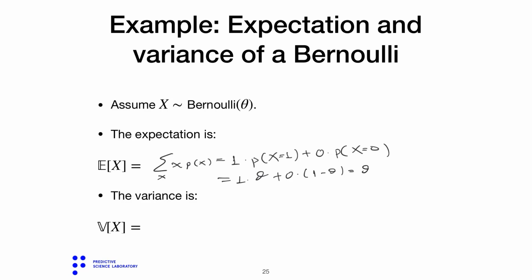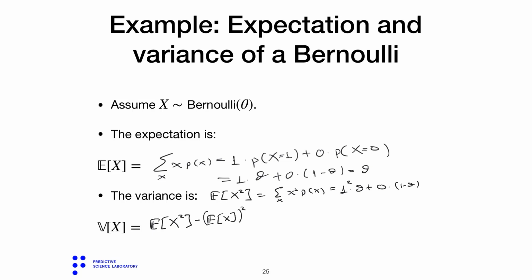For the variance, we need to use the formula that states the variance is the expectation of the square of the random variable minus the square of the expectation. We already have the expectation, so we need to find the expectation of the square of the random variable. And this, by definition, is the sum over all the values of x squared times the probability mass function of x, which is here 1 times theta, which is the probability that x is equal to 1, plus 0 times 1 minus theta.